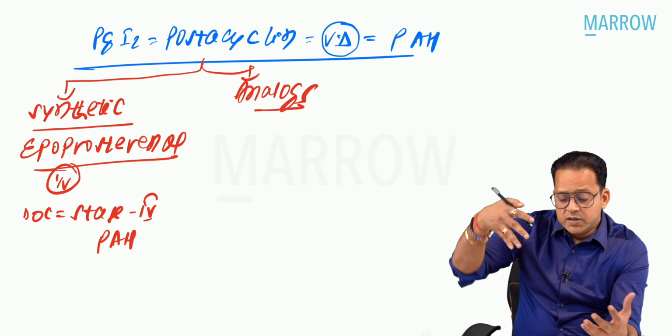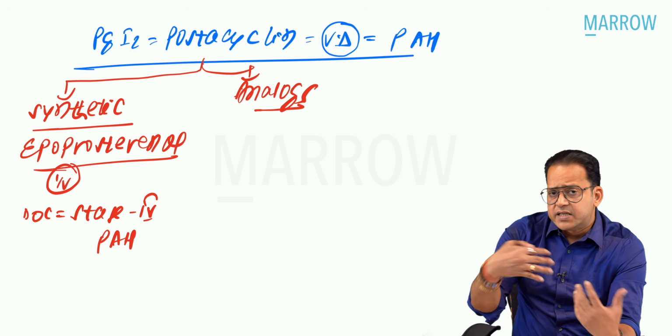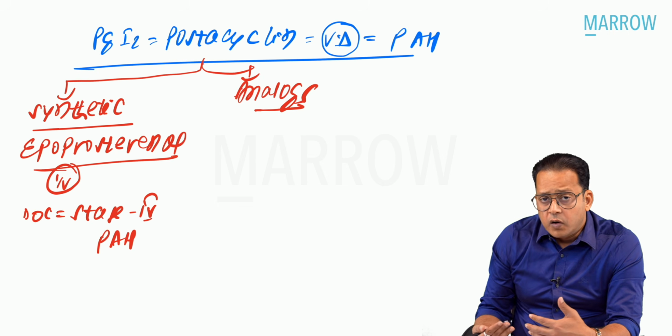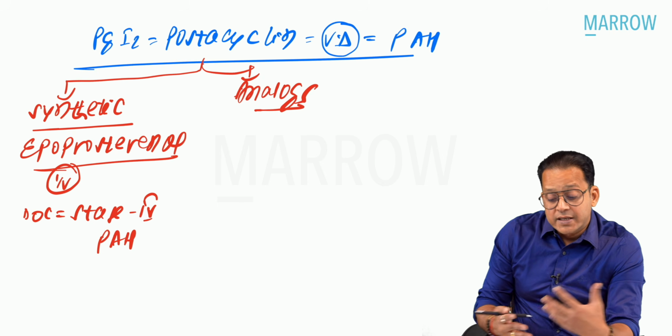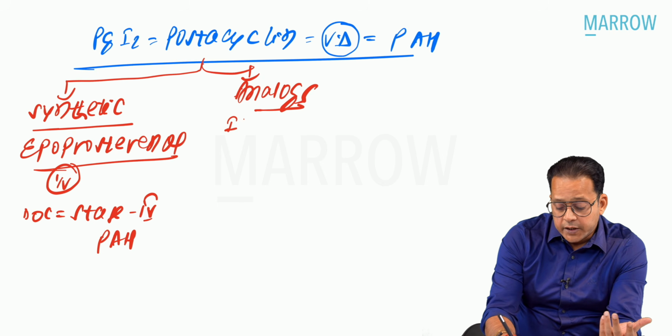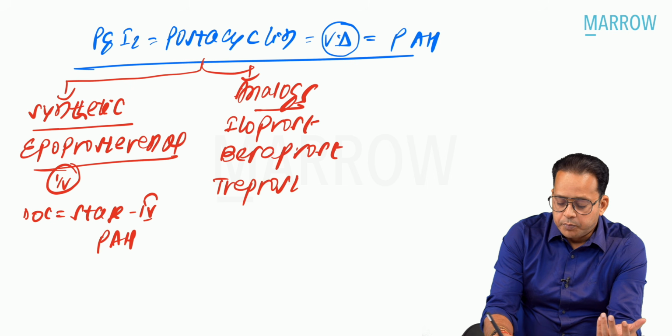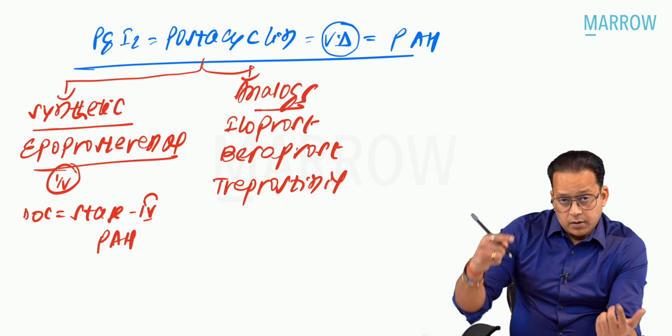So what is the difference between synthetic and analog? Synthetic is exactly the same. The structure is the same as it is synthesized in my body. And analog is similar, but not exactly the same. So here I have drugs like iloprost, beraprost, treprostinil. I made analogs.